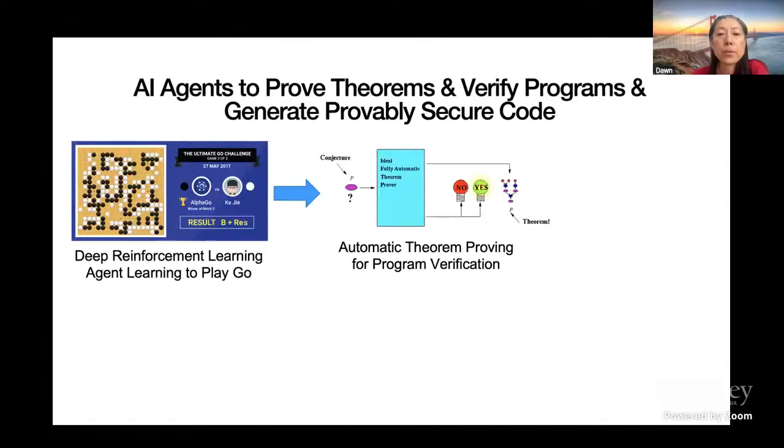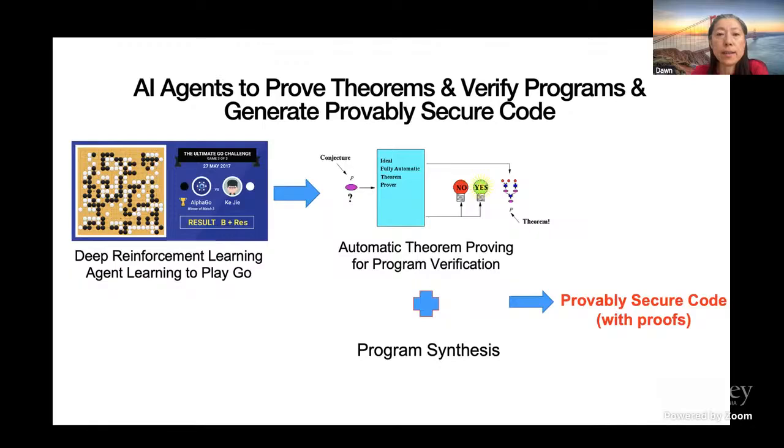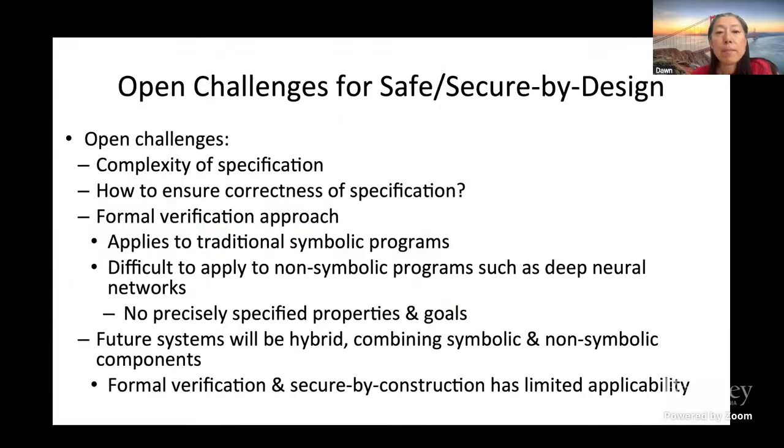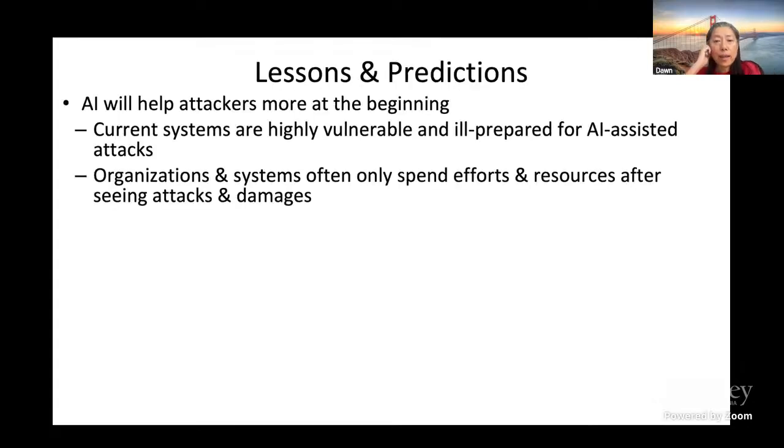We hope that with further advancements of frontier AI, we can develop AI agents with much more advanced capabilities to enable the generation of both proofs and specs, and together generate provably secure code. Of course, there are still many challenges remaining for this approach. Given the issues of time, I won't go into this, but we hope that with the community together, we can work together on advancing in this direction.